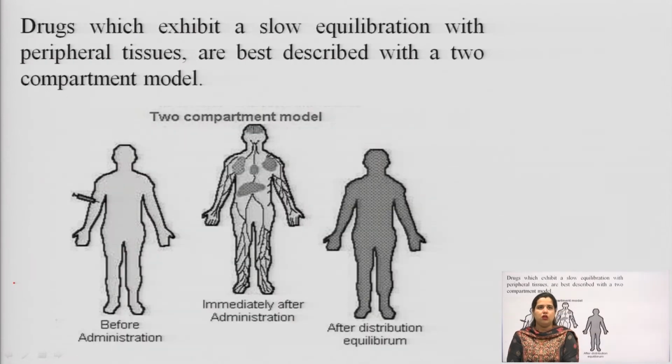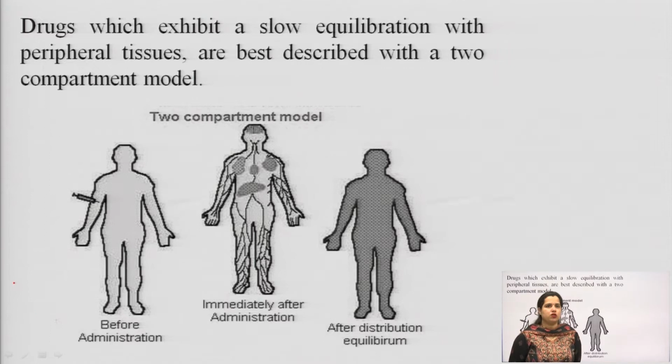When we consider the body, or blood, as a single compartment, it comes under the one compartment model. Drugs which exhibit a slow equilibration with peripheral tissues are best described with a two compartment model. For example, the drug profile is not very rapid, it is kind of slow. So, we generally take it in the two compartment modeling profile.